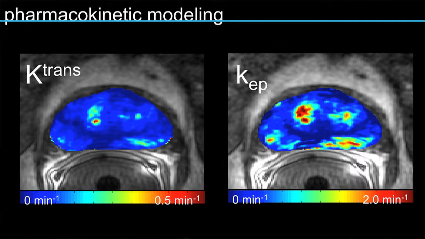Doing this voxel-wise, we can come up with nice parameter maps of K-trans and KEP. You can see that I've now included scale bars on these images because we're much more confident that these parameters are representative of our tissue of interest rather than combinations of injection protocol and cardiovascular output.